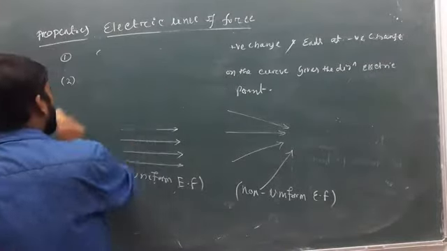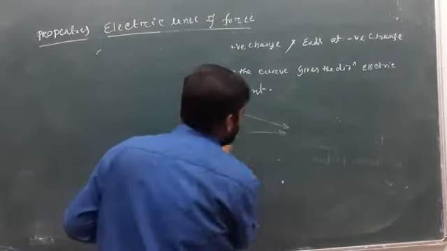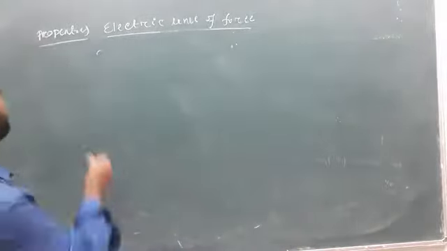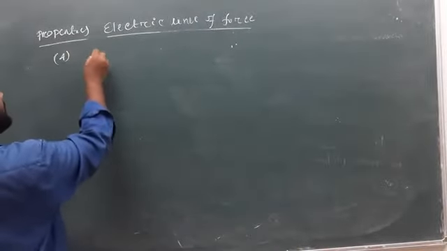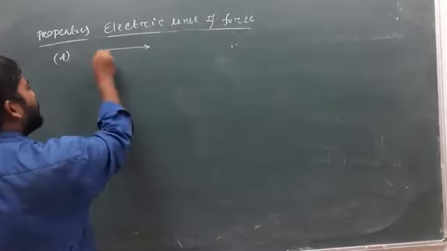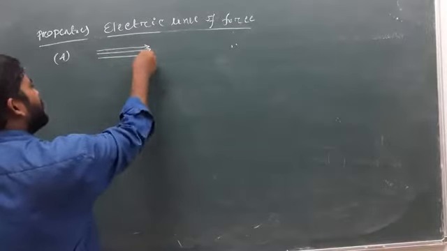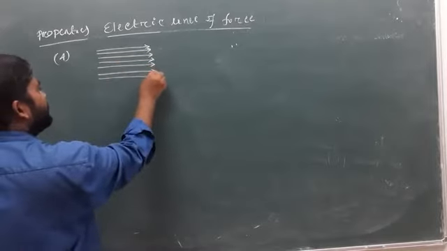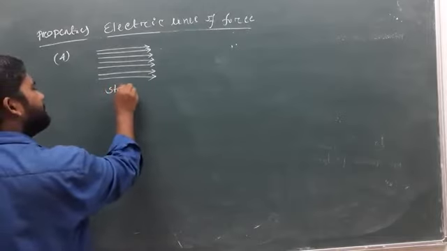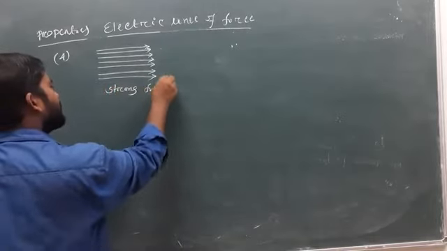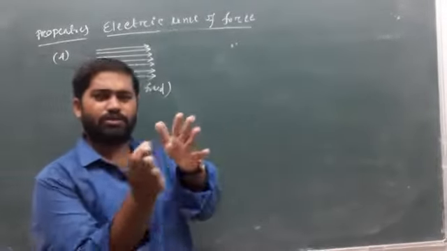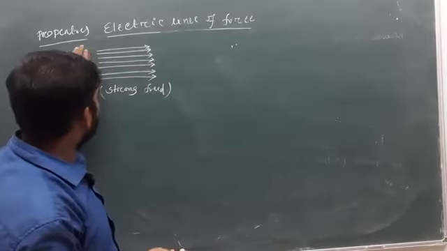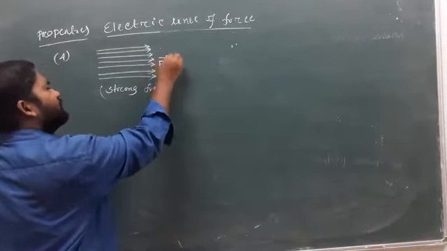What is the fourth property? It is to measure weak and strong fields by considering the electric lines. When the electric lines of force are closely packed, that means the spacing between the lines is very small, they represent a strong field.